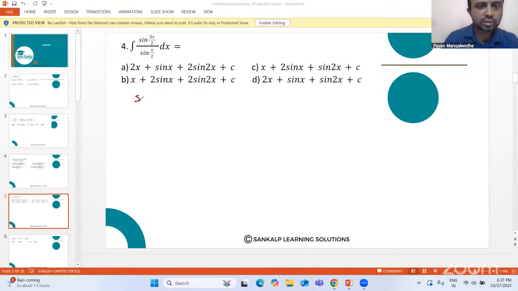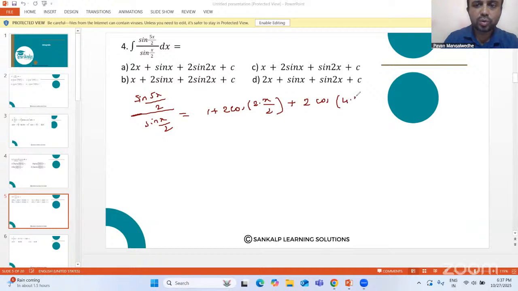It is sine of 5x by 2 upon sine of x by 2, which equals 1 plus 2 cos of 2 into x by 2 plus 2 cos of 4 into x by 2.